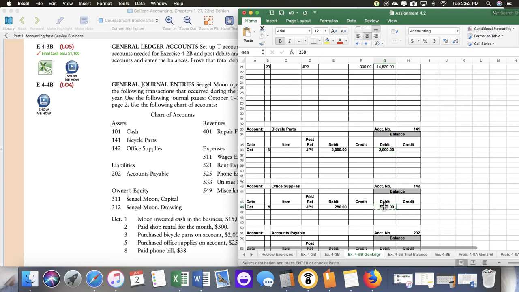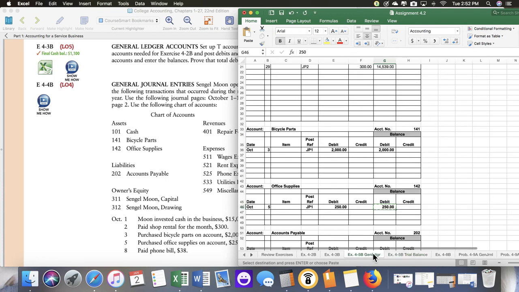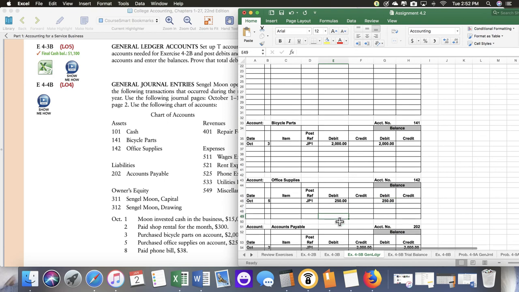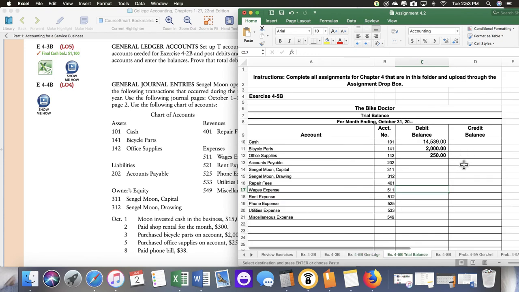Numbers are transposed or students forget a zero. So I find it's just easier to copy. If you look, we have all the assets in the debit column because they have debit normal balances. Here we get to accounts payable and it has a credit balance. So we're going to put that into the credit column.